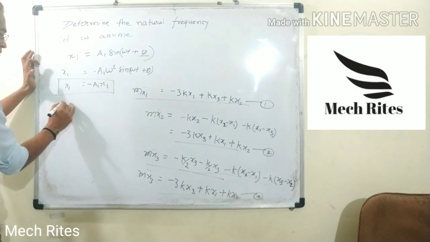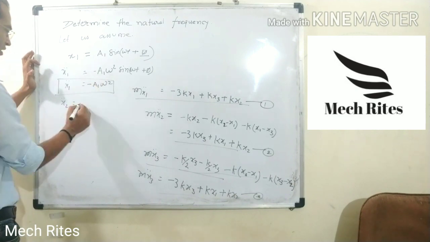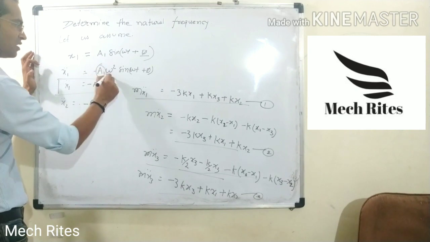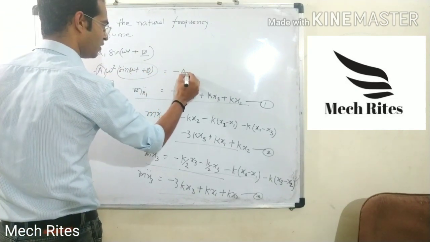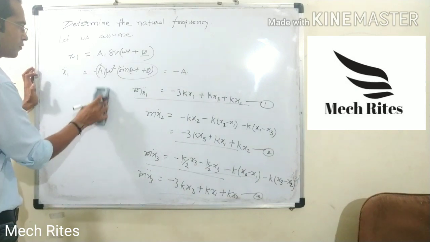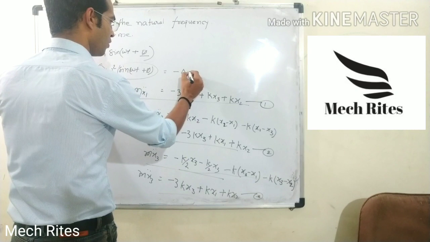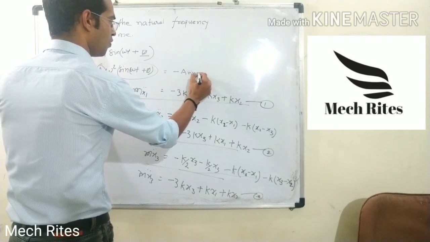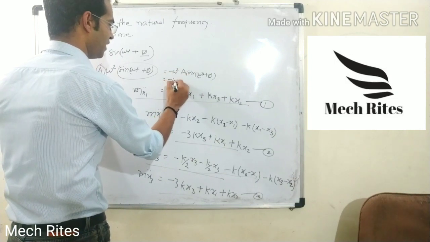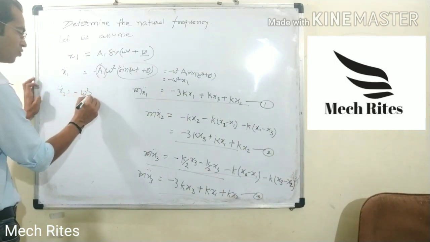Similarly for x2 double dot I will write minus a2 omega square sine omega t plus phi, which is directly minus omega square x2.